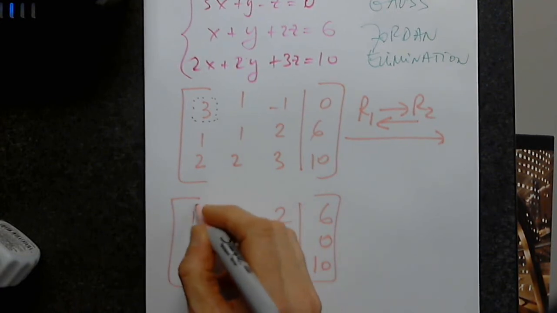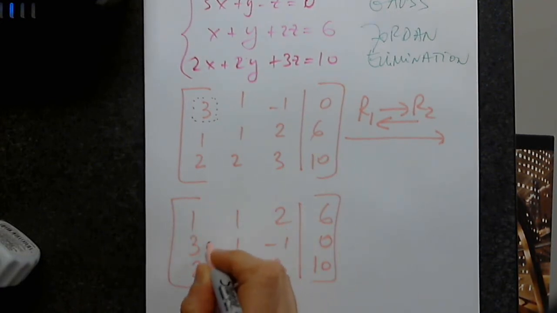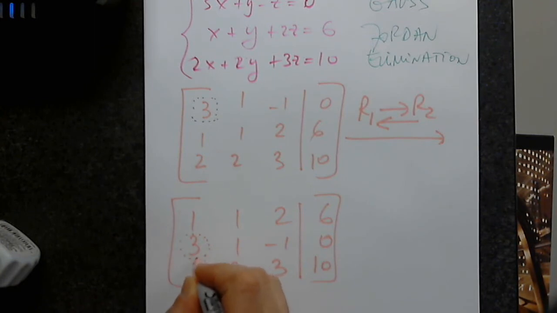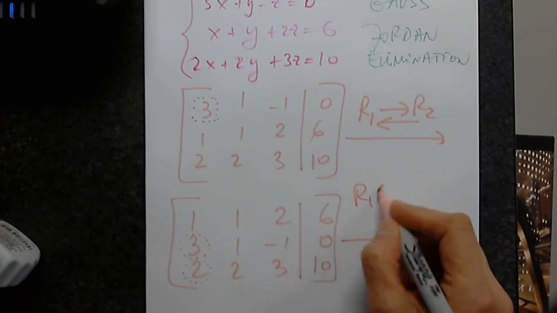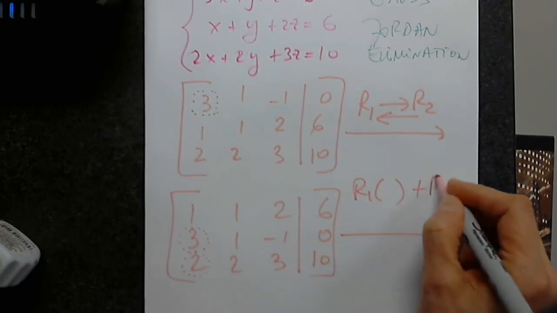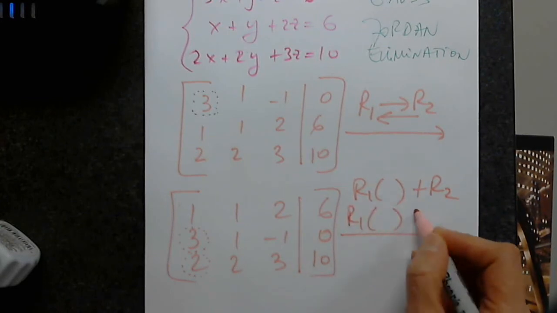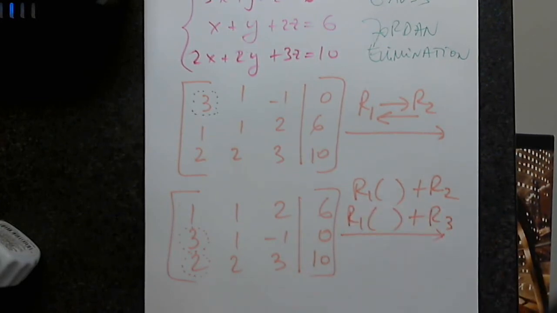Perfect. So I accomplished the 1 in here. Now I need to accomplish the 0 and the 0. Which row will I have to use? Yes, I'm using the first row multiplied by something and added to the second one, and the same row multiplied by something else, or maybe the same, I don't know, we'll see, and added to the third row. Good.